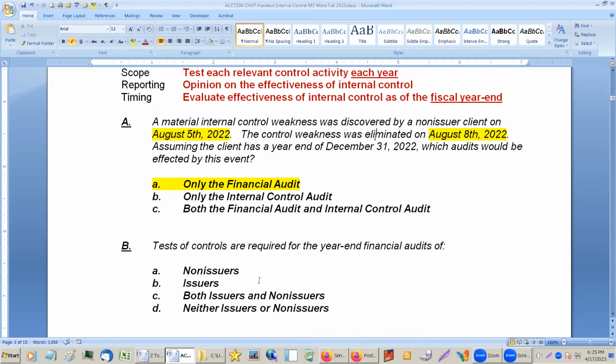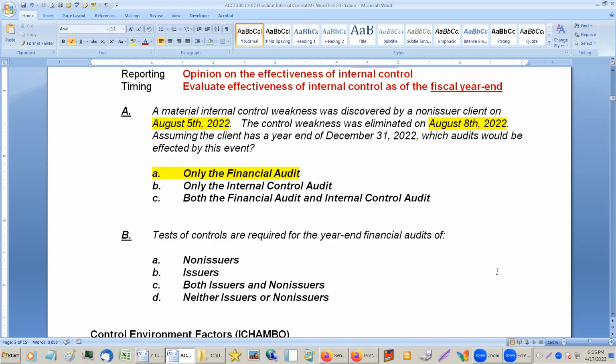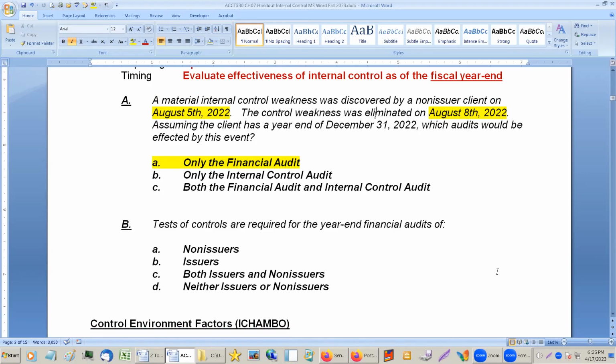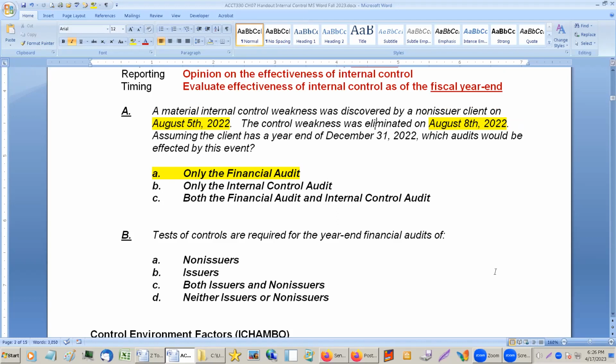Tests of controls are required for the year-end audits of actually issuers.